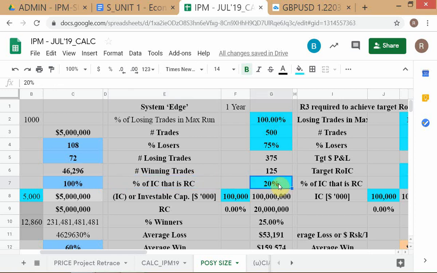Here I've entered 20%, so only 20% of my investable capital is risk capital. With IC of 100 million, RC is 20 million because I've entered 20%.